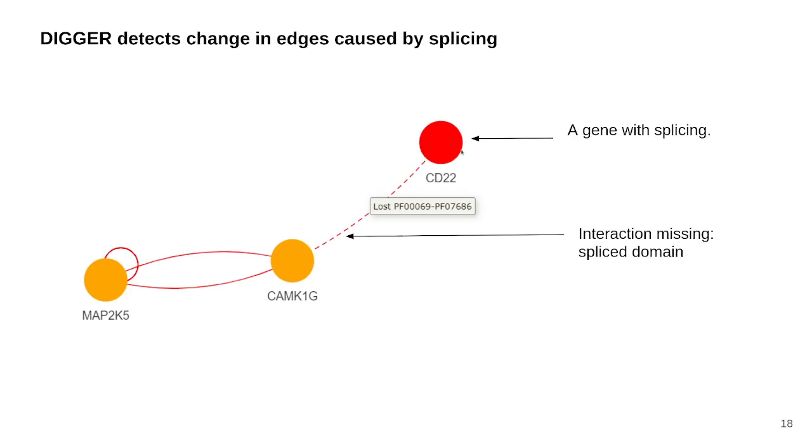So this is how it looks. Here you have the gene CD22 annotated in the PPI with this interaction, but this interaction is identified as lost or missing because the specific isoforms expressed in this condition by CD22 are not able to interact.